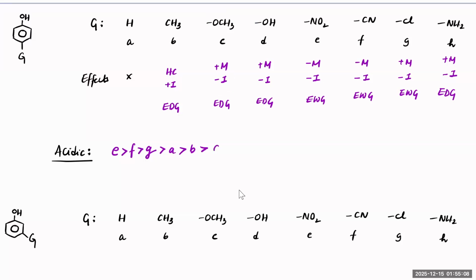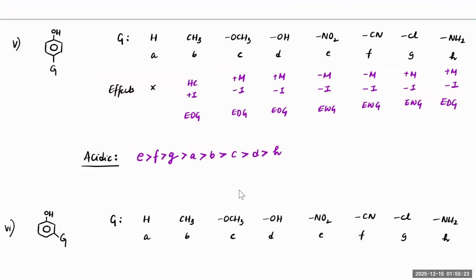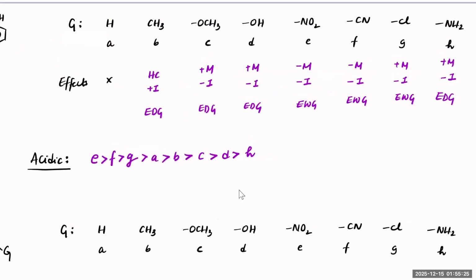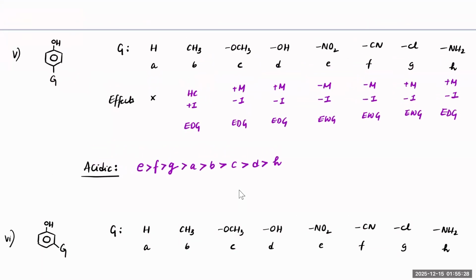Hence, we can say C is more acidic than D. And the least one will be H, because amines will show very strong donating nature. Is this part clear? This is how you need to check the acidic strength of phenolic forms.